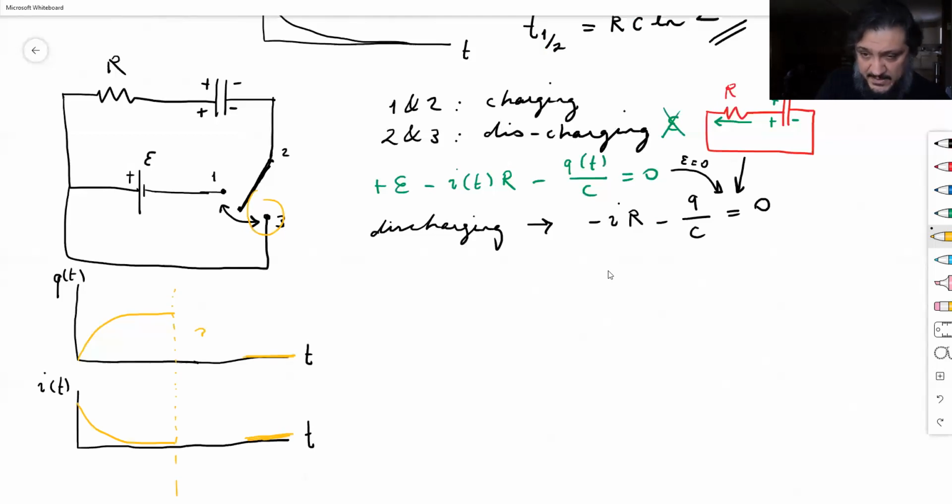So what's happening here in between those two? If you will, this is my new t equals 0. What do I mean by that? I start my stopwatch at the instant I turn the switch to 3. I can always set where I want my t0.